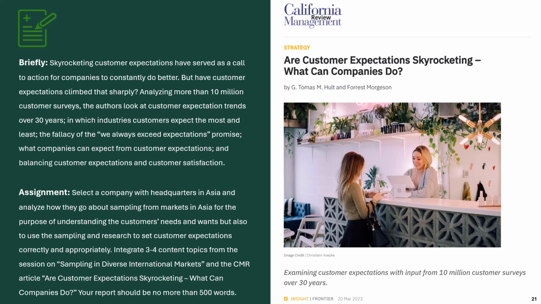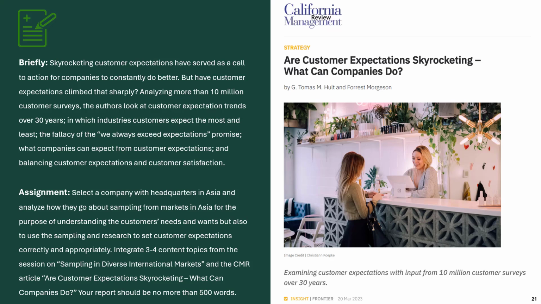The assignment for this one is loosely titled Analyzing Sampling and Customer Expectations. The prompt is to select a company with headquarters in Asia this time. So we're moving you around to another part of the world and analyze how that particular company goes about sampling for markets in Asia to understand the customer's needs and wants, but also use the sampling and research to set customer expectations correctly. So the educational portion is important to me as well.